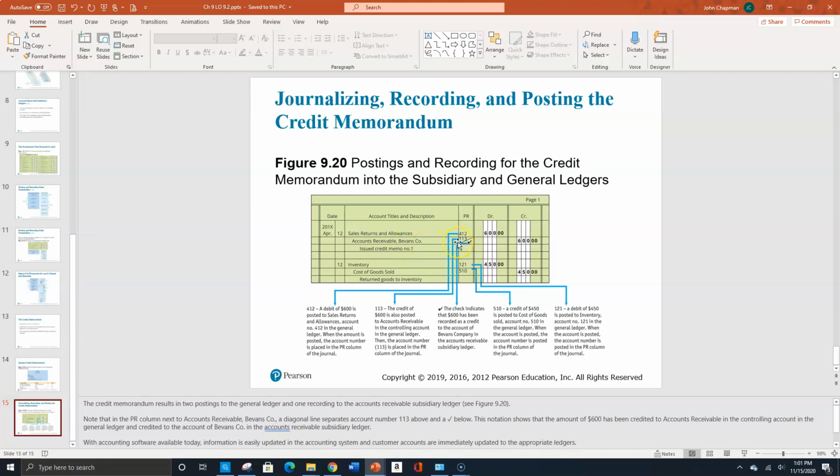So you put 113 because that is your accounts receivable account, and then you put a check mark when you record it to the subsidiary ledger for Bevan's account. Okay, we're increasing inventory because we're getting those gloves back in inventory, decreasing cost of goods sold. Okay, and that concludes this learning objective.